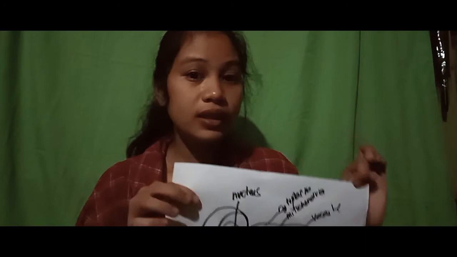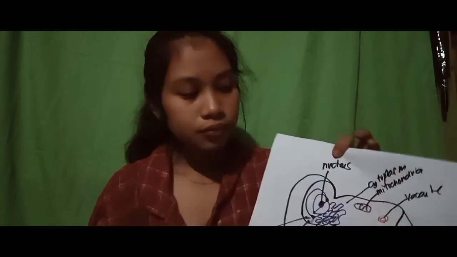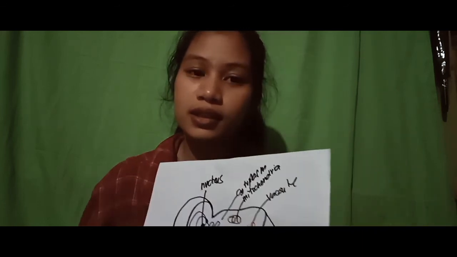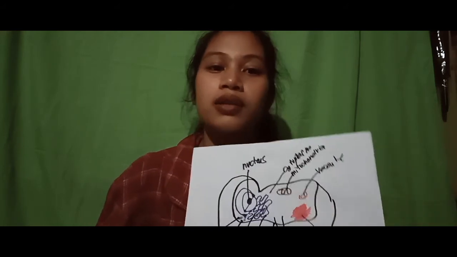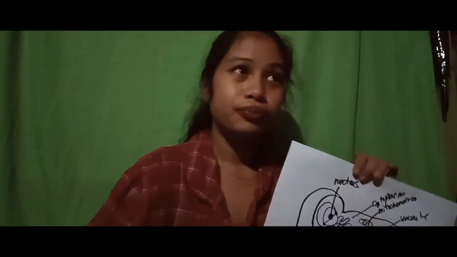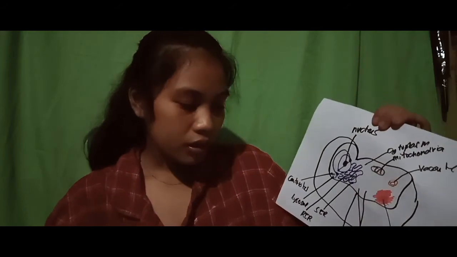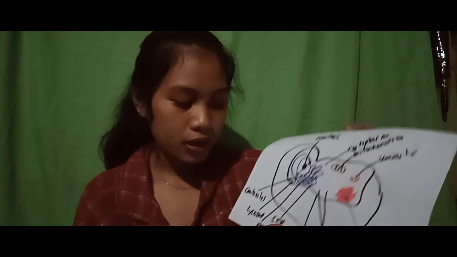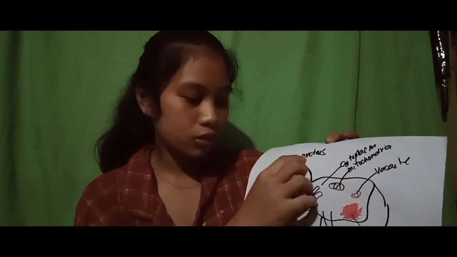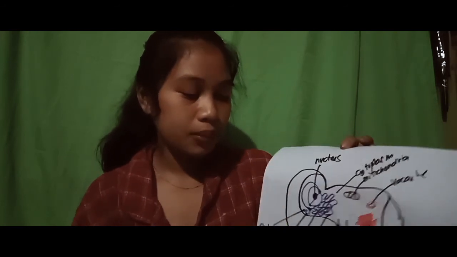So, that is the animal cell. As I said earlier, there are two types of eukaryotic cells, the animal and the plant. The plant cell is also similar, but there are other structures too. There are cell walls in a plant cell. Before the plasma membrane, there are cell walls in plants.